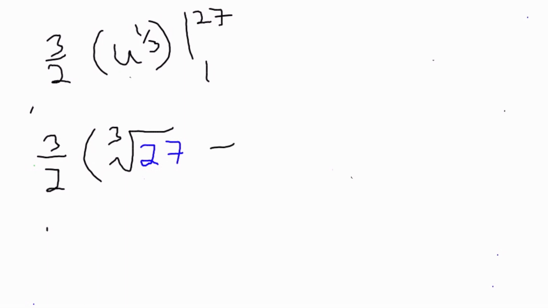Now, u to the 1/3 power, like we knew before, is equal to the cube root. And I'm going to take the upper bound minus the lower bound. So the cube root of 27 is our upper bound limit, minus the cube root of 1, which is our lower bound limit.